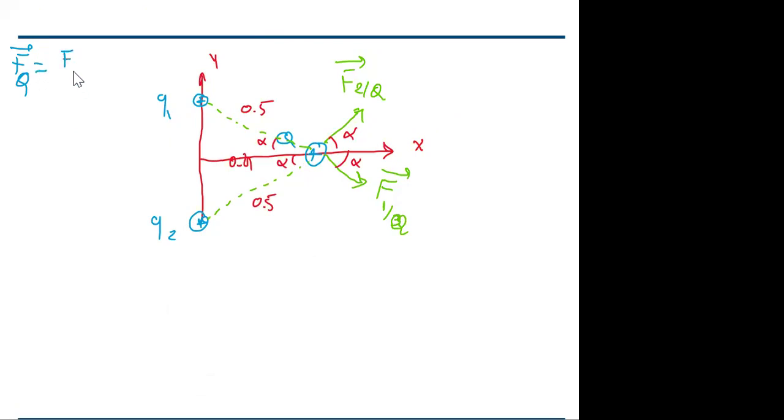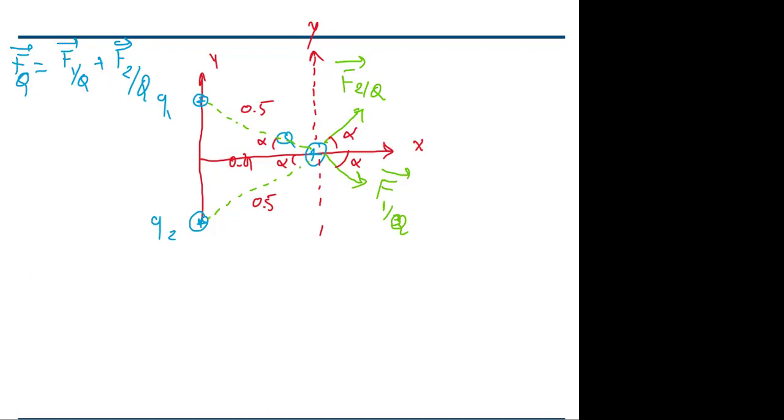So it will be equal to F1 on Q plus F2 on Q. You see here that the force F1 on Q has two components, one along X and one along Y. The same thing for F2 on Q: it has two components, one along X and one along Y. Yes or no?